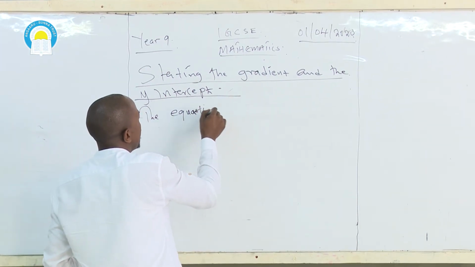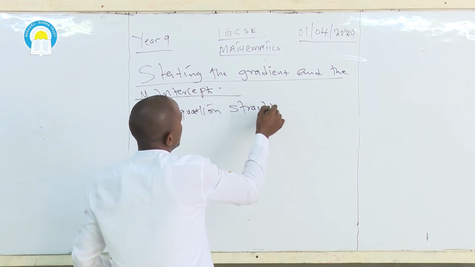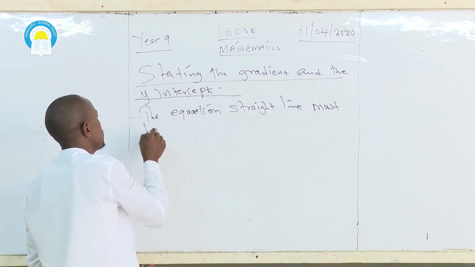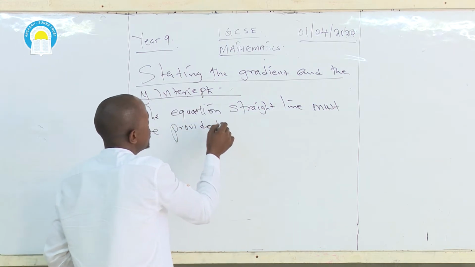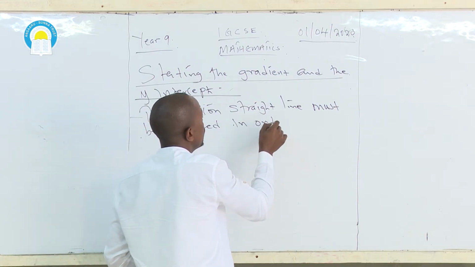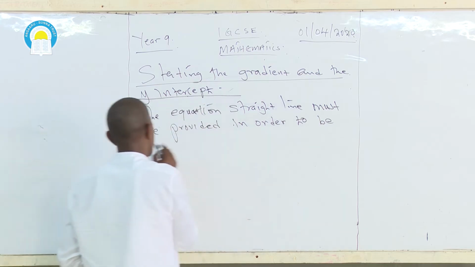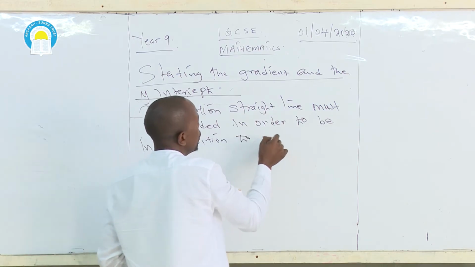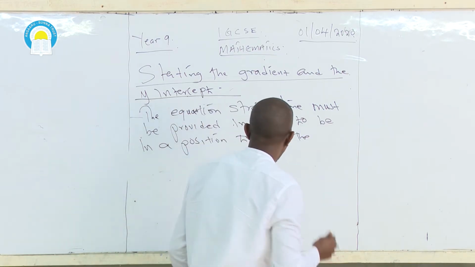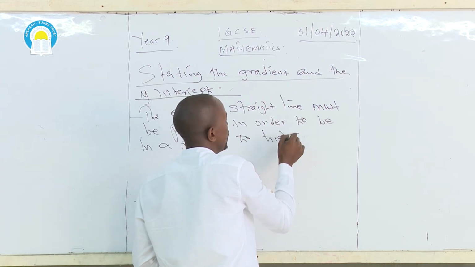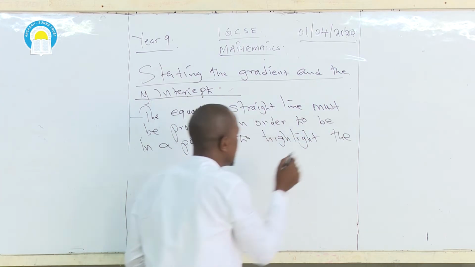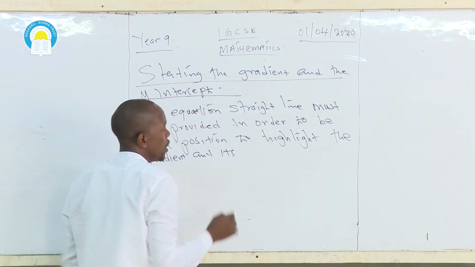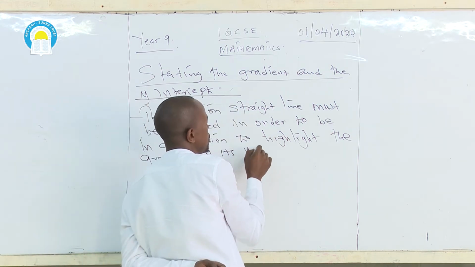The equation of a straight line must be provided in order to be in a position to give the gradient, to highlight the gradient, and it's what? It is the y-intercept.